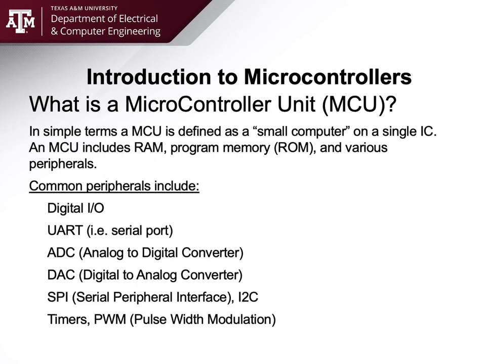You can also have various timers and peripherals, such as pulse width modulation. If you don't remember pulse width modulation, probably from your 248 class, it is where you have a digital waveform that has a set period of a certain frequency, let's say 1,000 hertz, and then you vary the on time versus the off time.